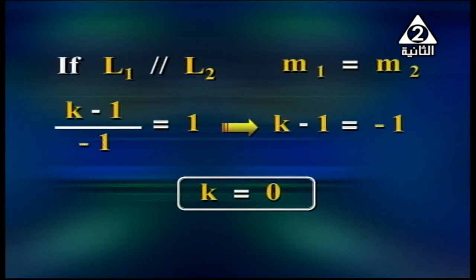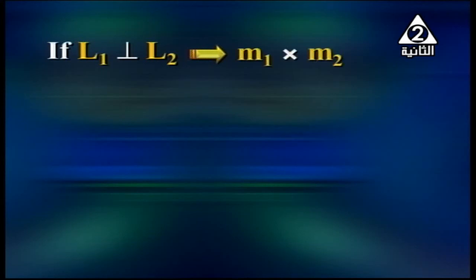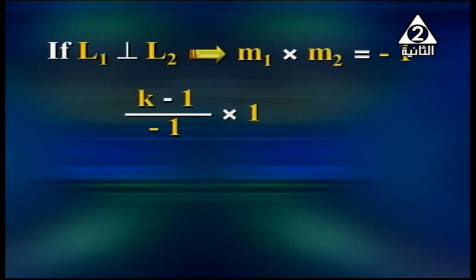What about if the two straight lines are perpendicular? If L1 is perpendicular to L2, we know that the product of their slopes will be negative 1. So M1 times M2 equals negative 1. What about M1? It is K minus 1 over negative 1, times M2, which is 1, equal to negative 1.